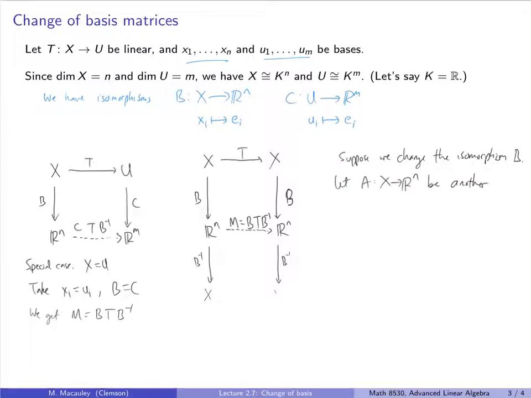Now this map is T. Notice that this is the identity map, T, and the identity map. And now let's do A. So we have this new isomorphism.